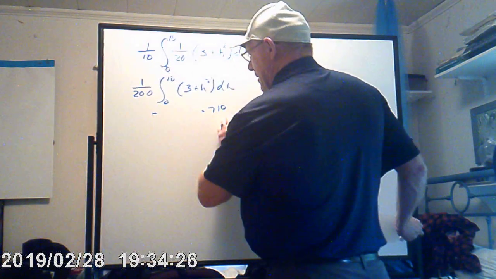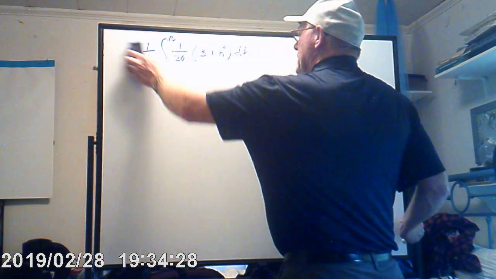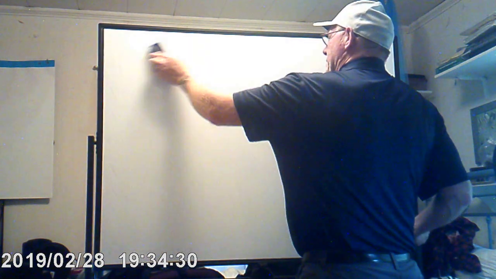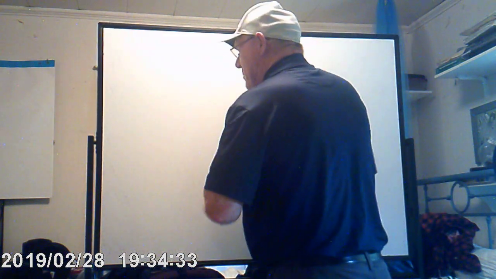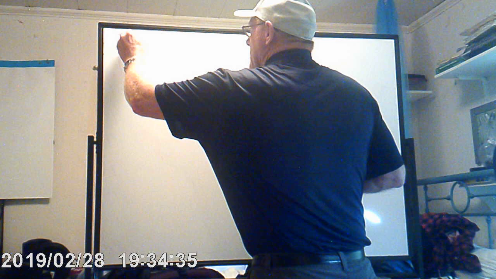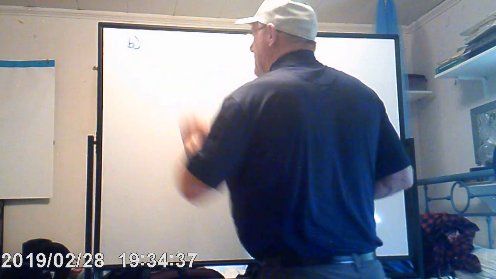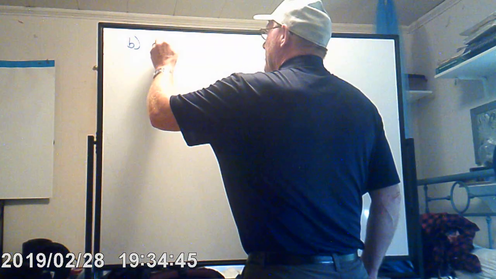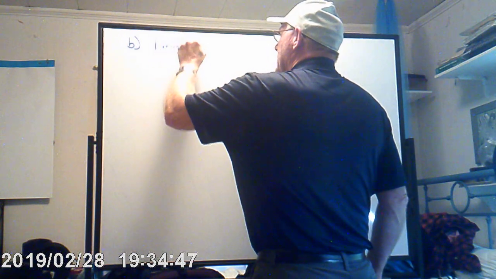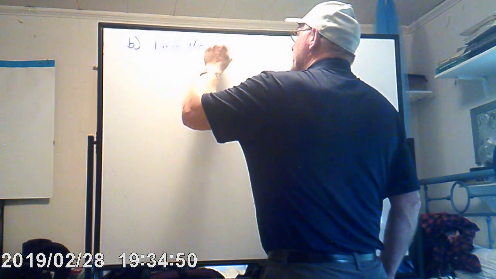Alright, here we go with the next problem. Let's see what it says here. Letter B. Let's see what we got here, guys and girls, and ladies and gentlemen. Volume of the funnel. So we need to find the volume.